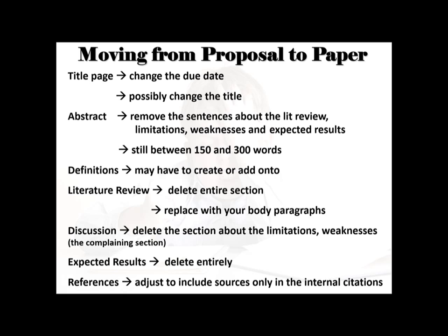Again, the definition section you might either need to add to or create from scratch if you didn't do it for the proposal. The lit review you are going to completely delete, and that's what you're going to replace with your content and those section headings. The discussion, you're just deleting the complaining section, and the expected results you are deleting entirely.